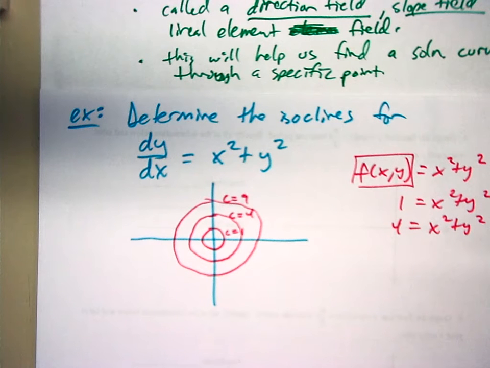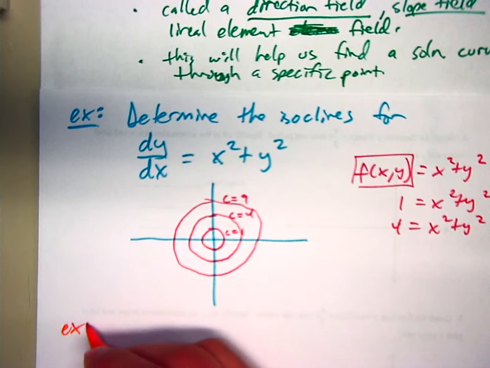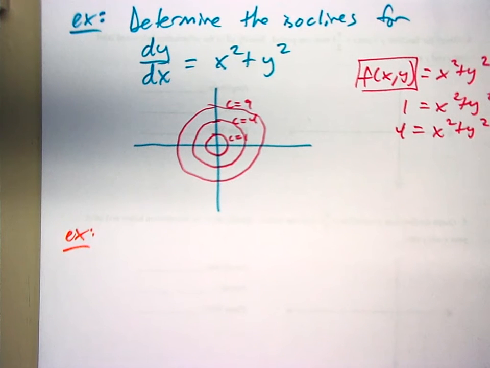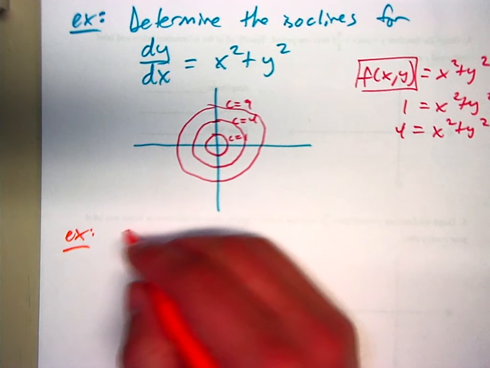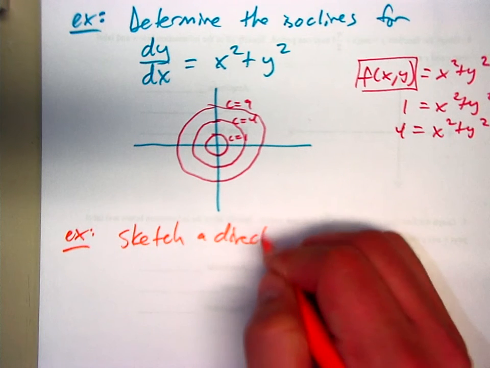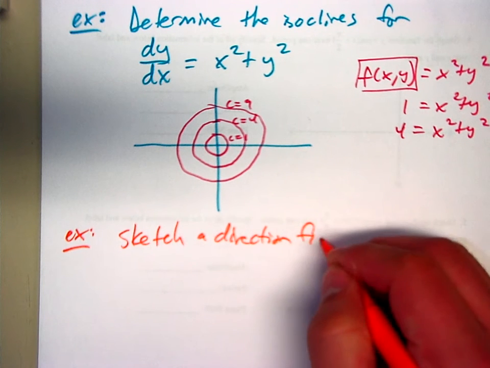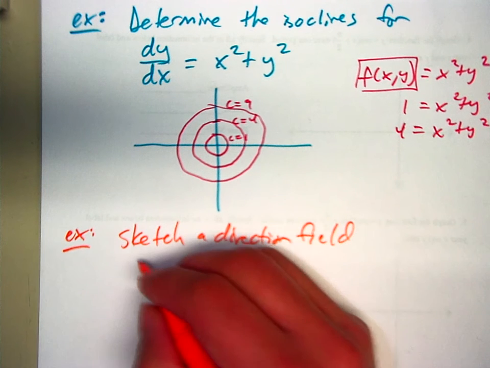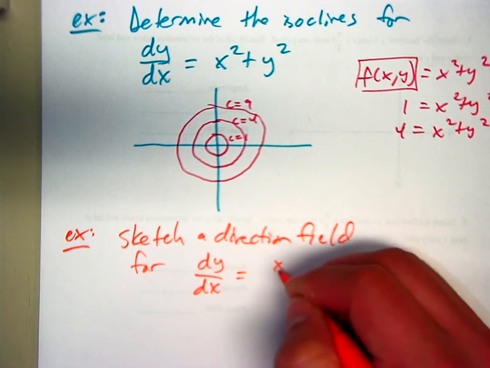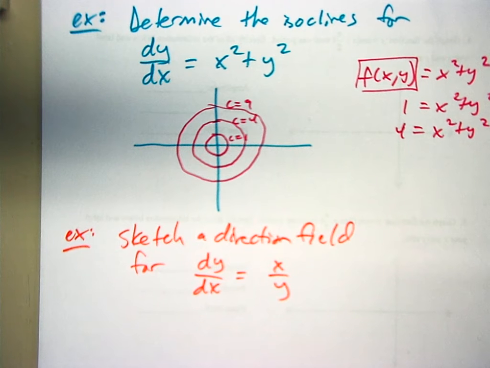Okay? Let's try an example here where we're doing a little bit more. Sketch a direction field for dy/dx equals x over y.